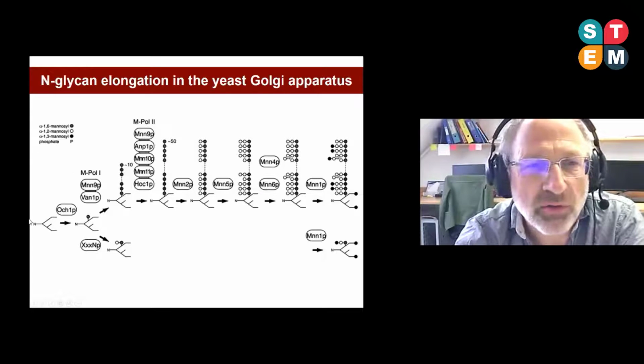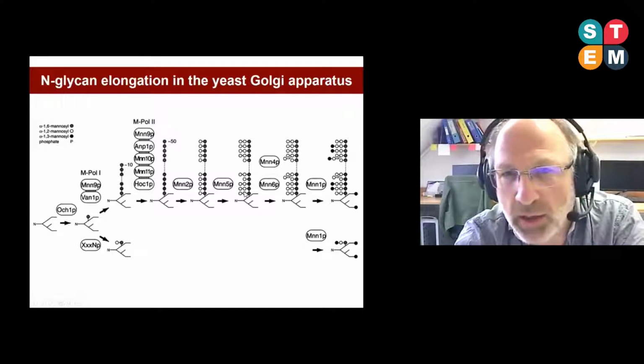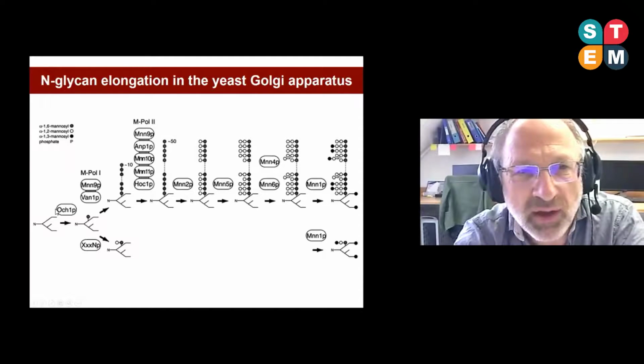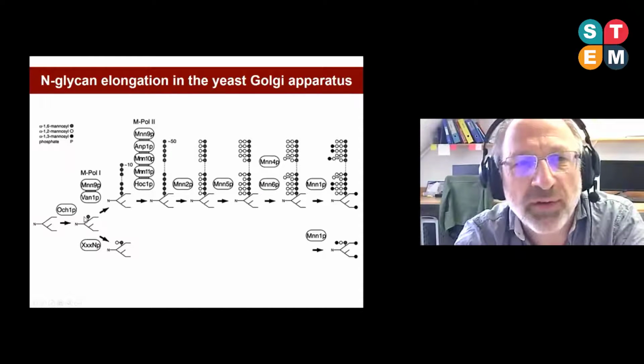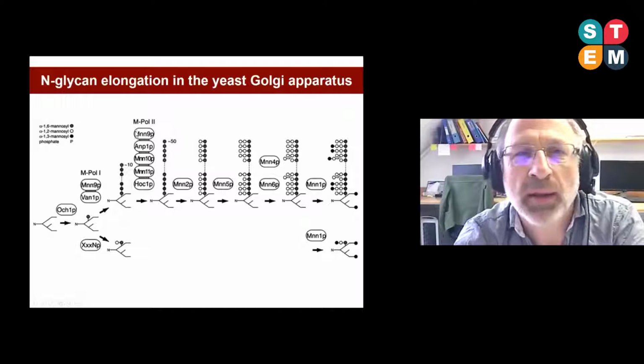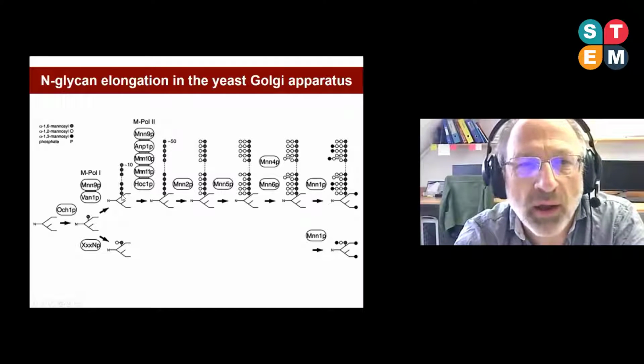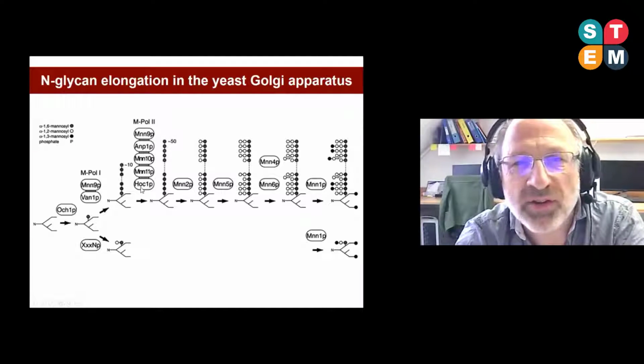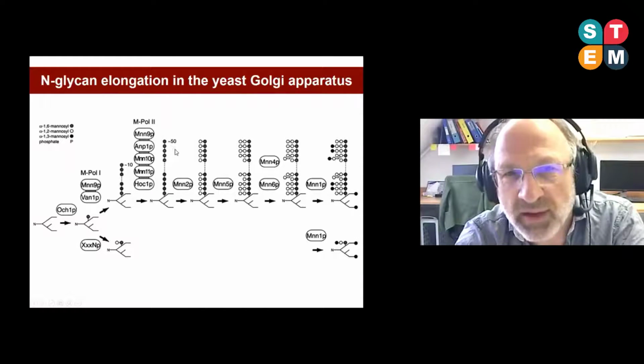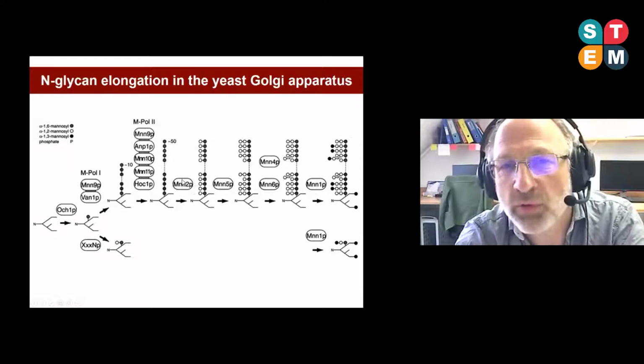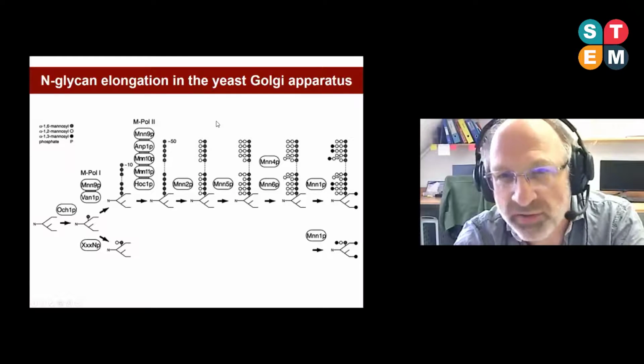The first step of this elongation starts with Och1, an alpha-1,6 mannosyltransferase, which adds only one mannose residue. After that, two complexes, Mannan polymerase 1 and Mannan polymerase 2, will elongate this chain, and then other alpha-1,2 mannosyltransferases will add mannose to make a more complex structure.